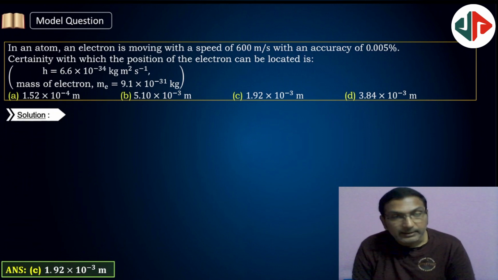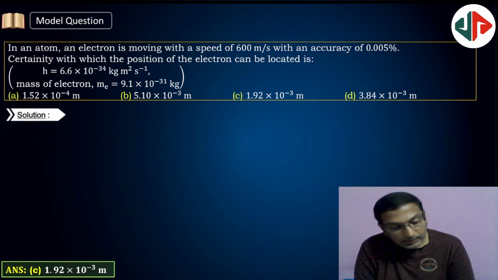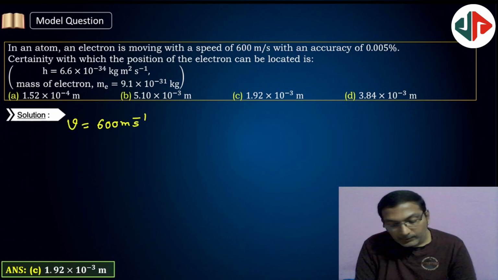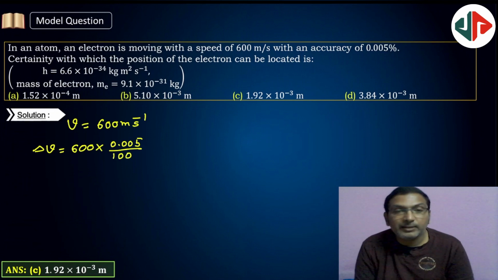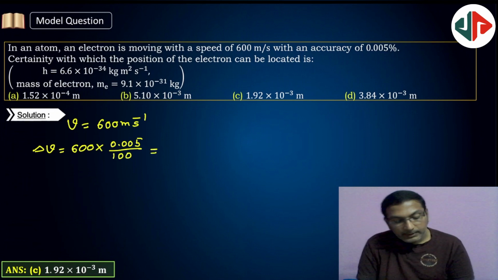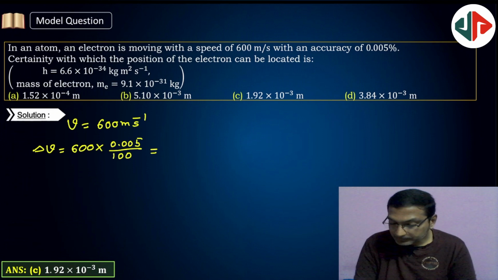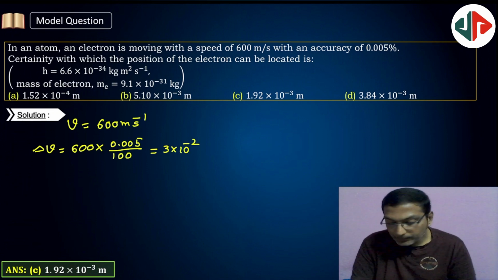So, given first velocity 600 meters per second and accuracy is given, delta V we can calculate as 600 into 0.005 by 100. That means 0.005 by 100. It will be equal to 3 into 10 power minus 2 meters per second.